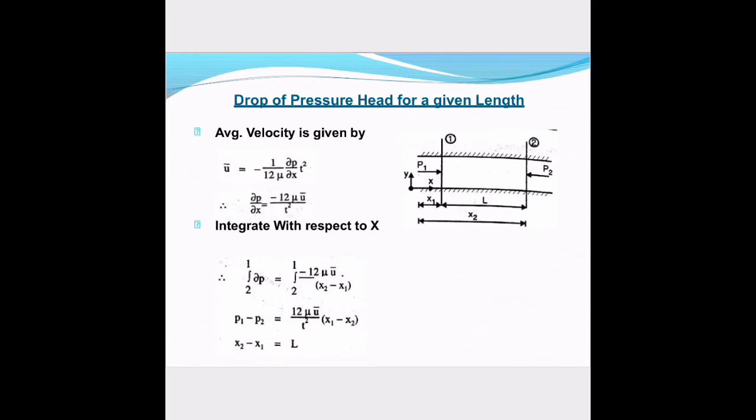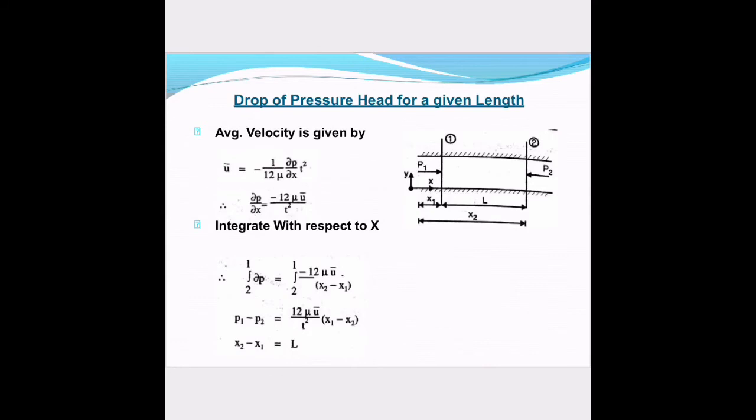Okay, to calculate the pressure drop, we have to consider two cross sections along the length. Suppose the cross sections are 1-1 and 2-2. P1 is the pressure acting in cross section 1, P2 is the pressure acting in cross section 2.